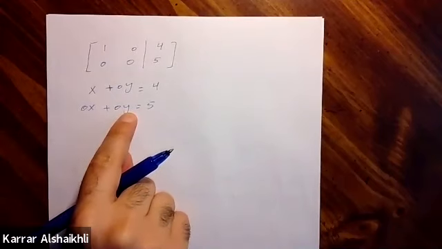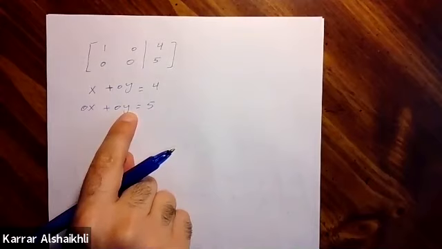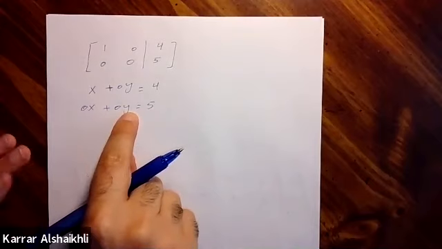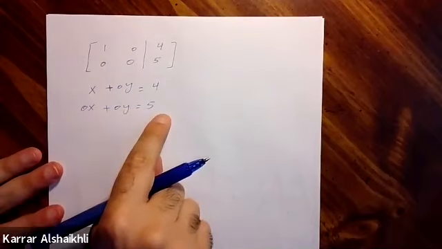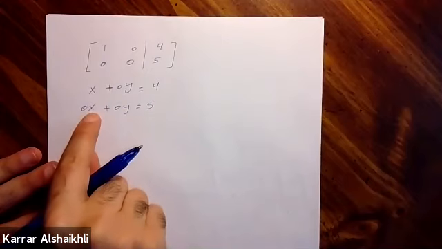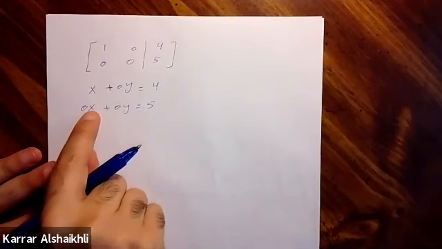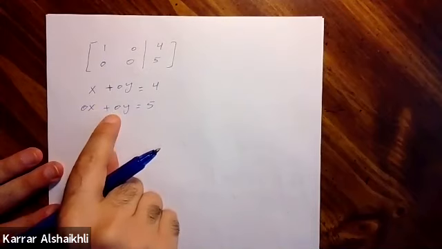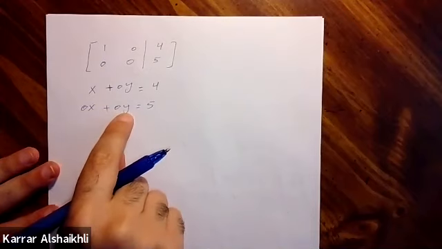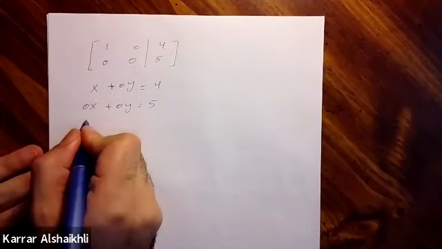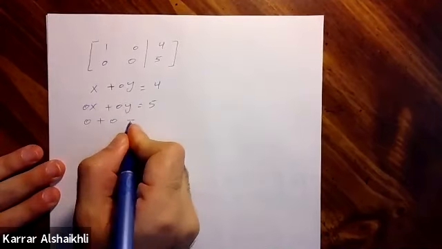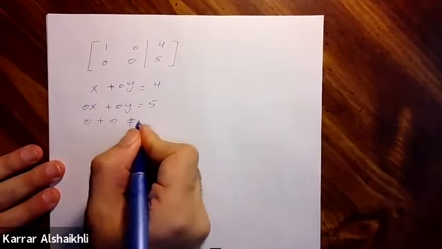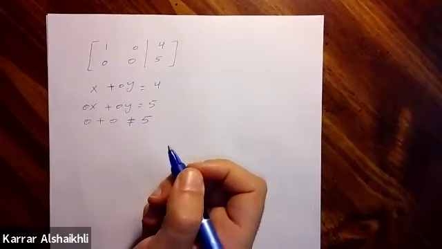Choose any number. It is impossible for you to choose two numbers to get the result 5. Because when you multiply 0 by a number, it is going to be 0, plus 0 by another number is also going to be 0. That means 0 plus 0 is never going to be equal to 5.